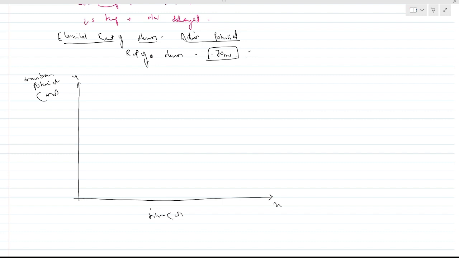Now the resting membrane potential of a neuron is minus 70 millivolt. So here the resting membrane potential is minus 70 millivolt.